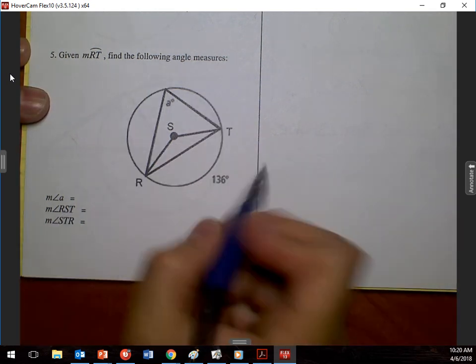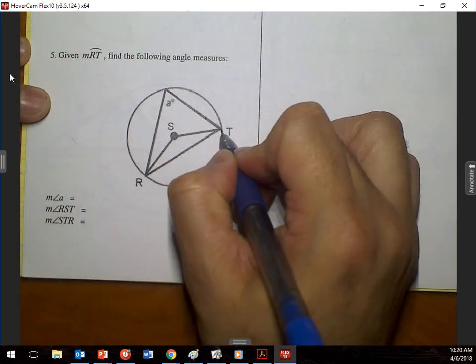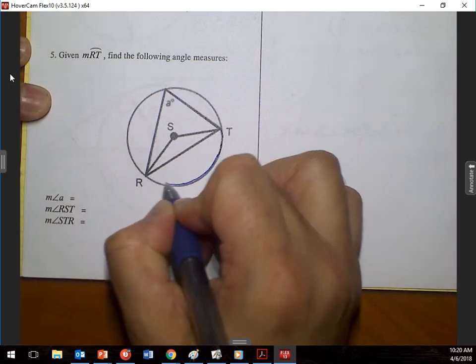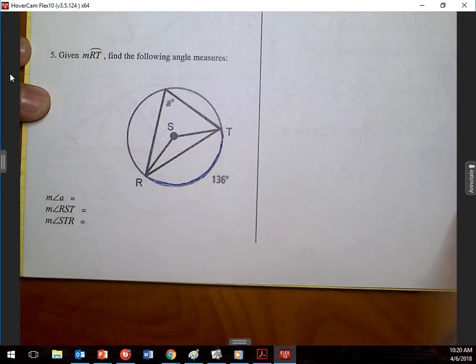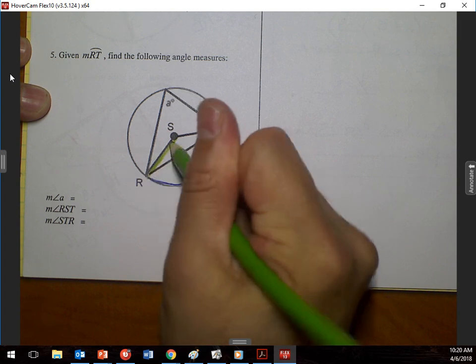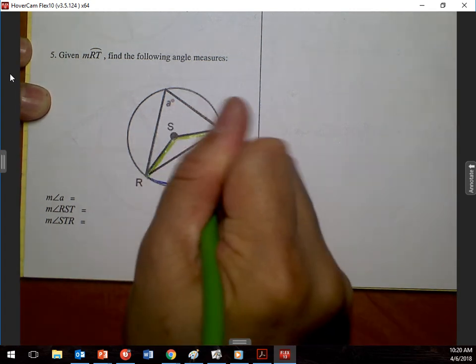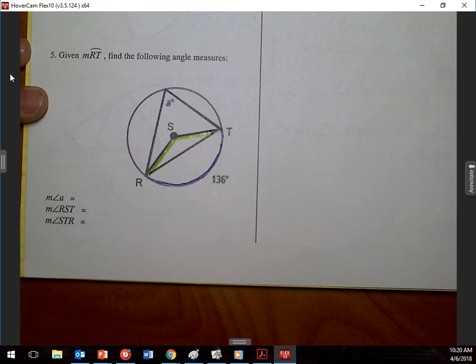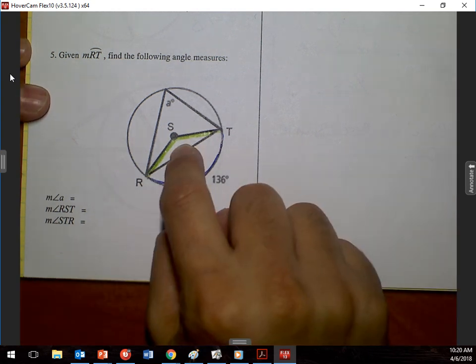So if this is my arc RT right here, the angle that goes with that would be right here. This angle right here is called a central angle.